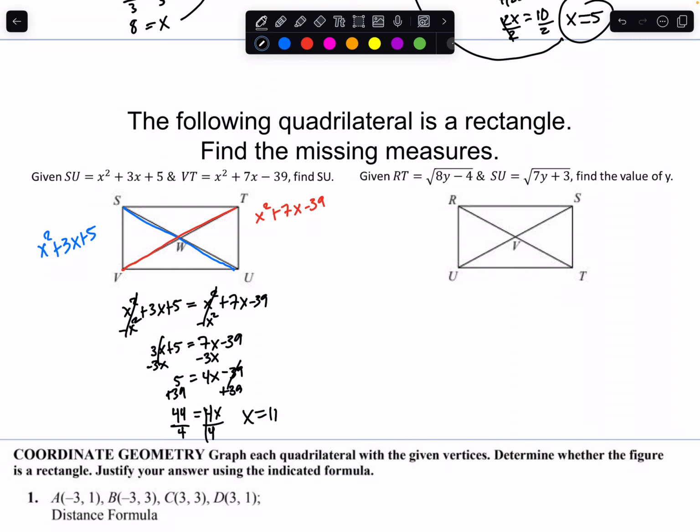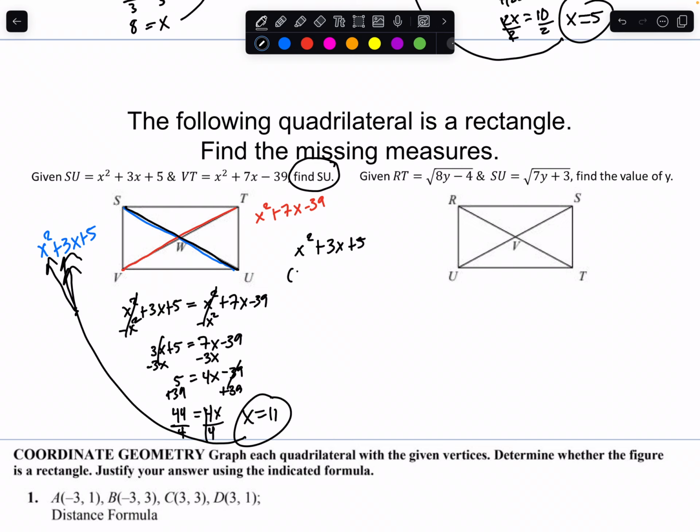Now, I'm interested in solving for SU, which is this full length. So I need to plug it back into that. I take my 11 and I plug it back in here for every single x value. I plug it in here and in there. So I have x squared plus 3x plus 5.